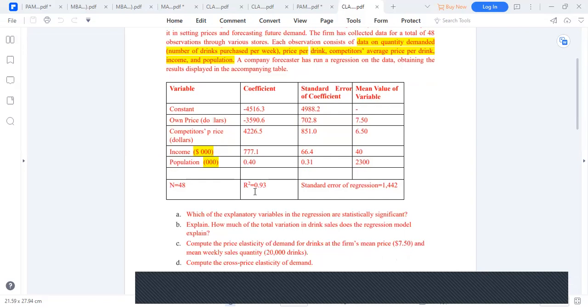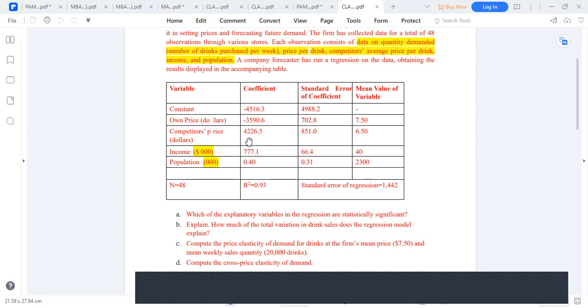So question number 1, we've been asked to identify which of the explanatory variables in the regression are statistically significant. So how do we tell which of the variables is statistically significant? Let's look at the constant. The constant here, the coefficient is what?